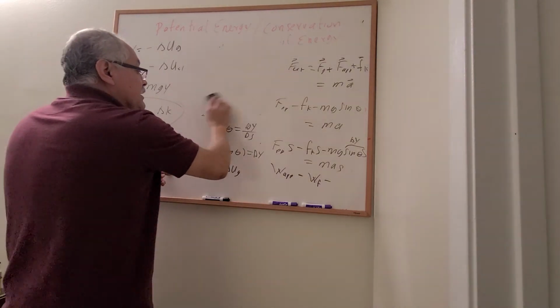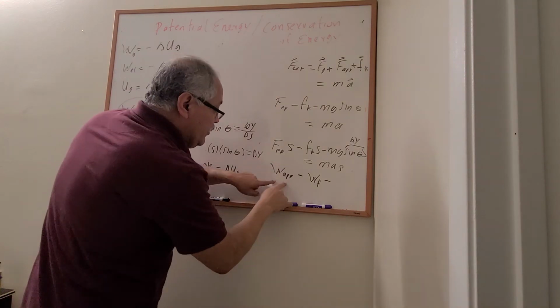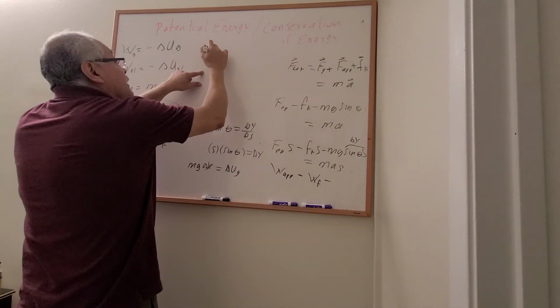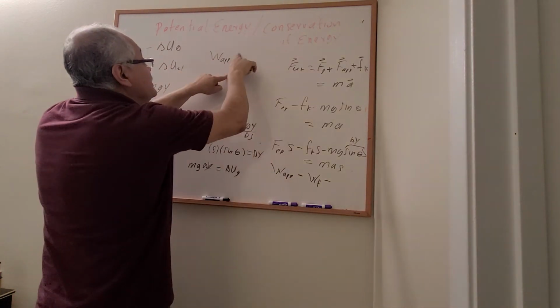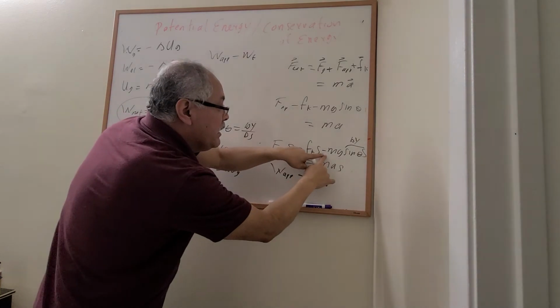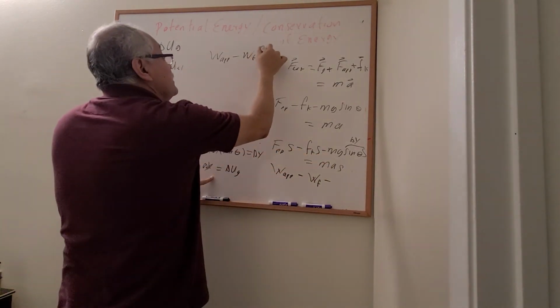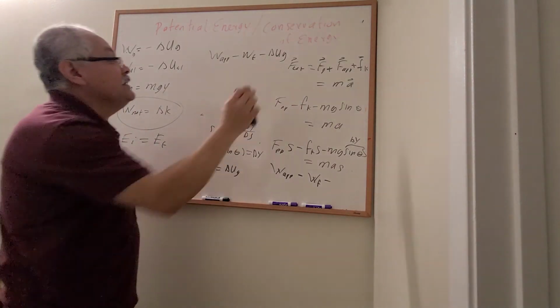This analysis goes to, at the end, right here, the work done by the applied force, minus the work done by friction, and right here it is going to be minus the work done by gravity, correct? Perfect.